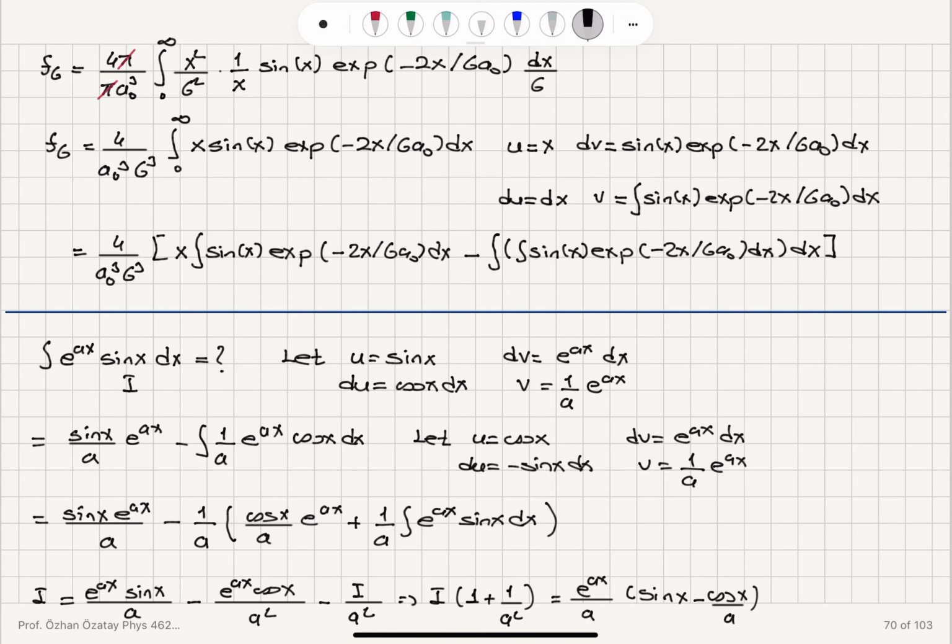All right, and now what I'm going to do is I'm going to multiply this equation by a square. So if I multiply this equation by a square, this a square will disappear. I will have an a square plus 1 here, and you can see that the right hand side becomes, so this a will disappear, so I will have an extra a here, a sine x minus cosine x, because that a will disappear here.